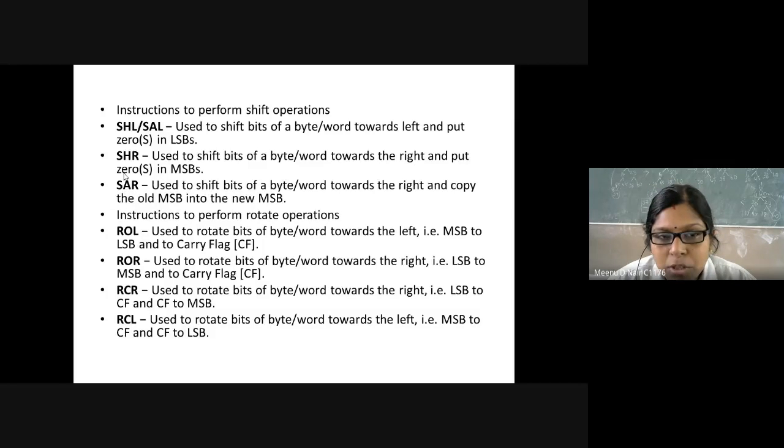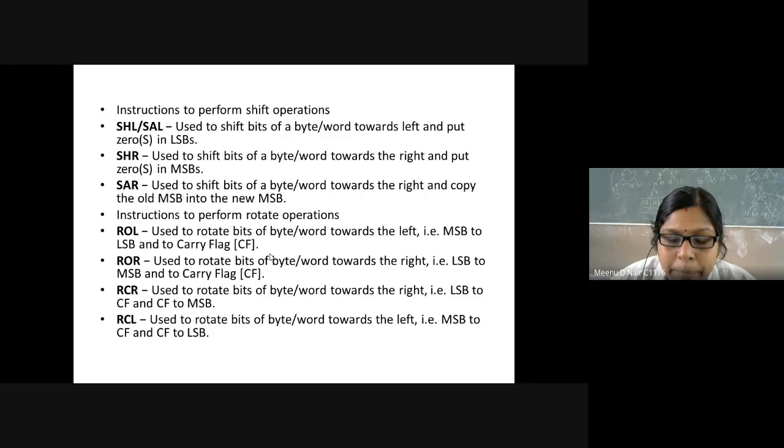You are giving the instruction SAR, D7's 0 is moving to D6, so D6 is also 0 and D7 is also 0. That is the SAR command. In the case of SHL and SAL, you always keep 0 in the LSB. In SHR, the MSB is 0, but in SAR, you keep the old MSB.